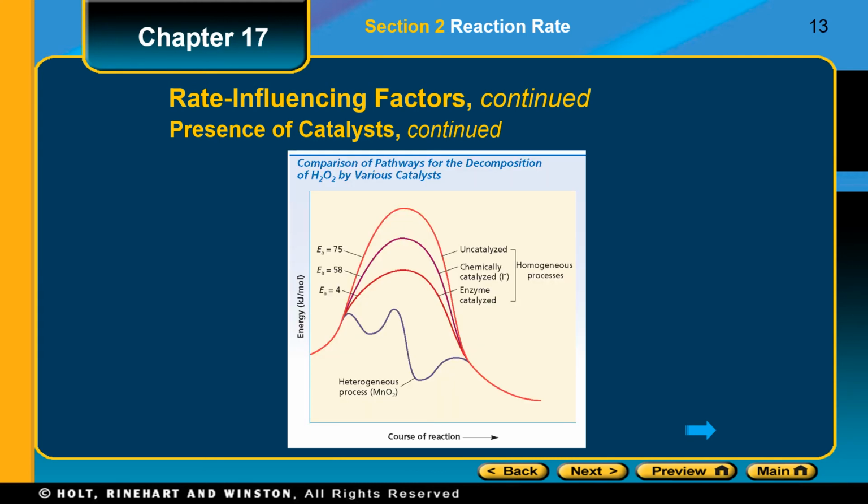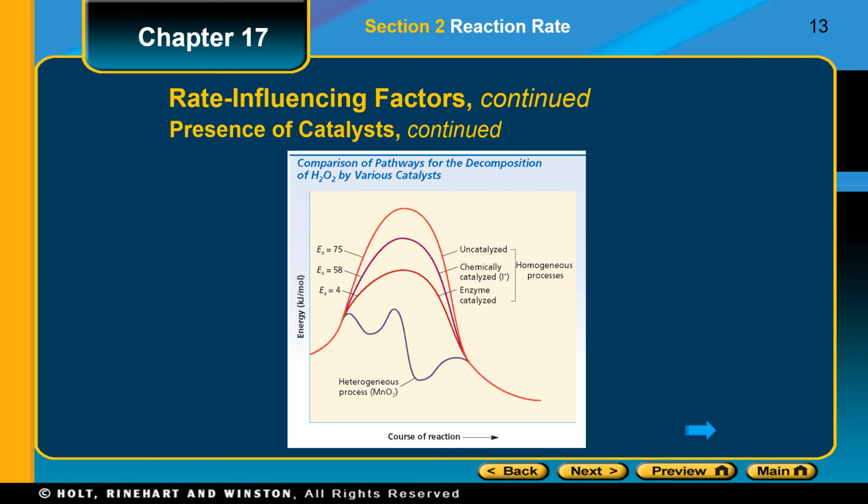Let's look at a graph of how a catalyst can affect the energies that are needed to get a reaction started. So we have here a reaction that is the decomposition of hydrogen peroxide, regular hydrogen peroxide like you know about. The red line at the top represents the energy pathway for decomposing hydrogen peroxide without using any catalyst.